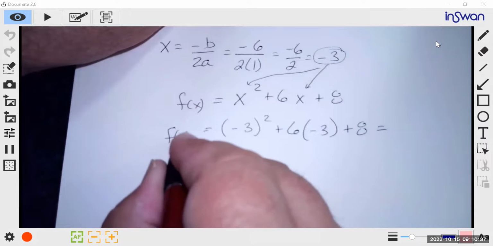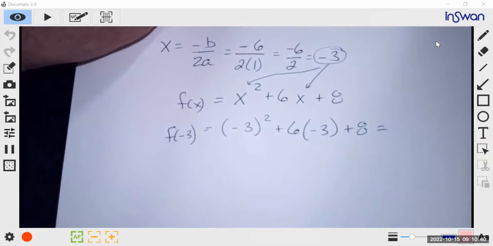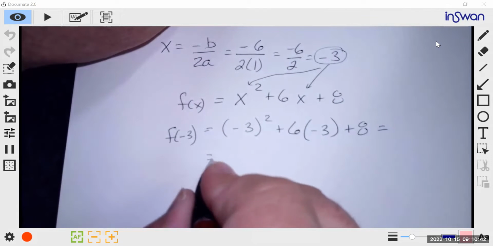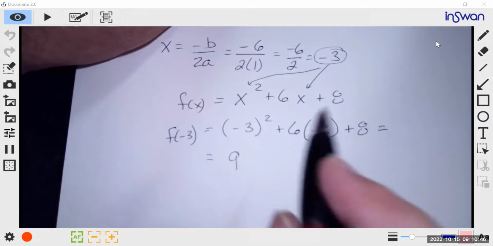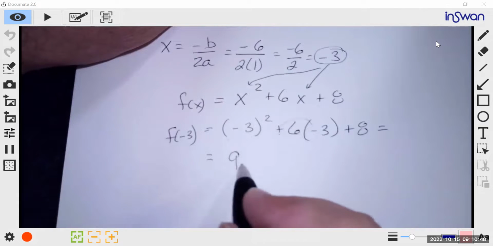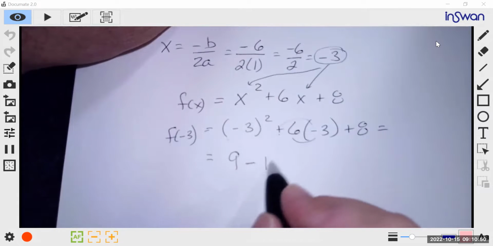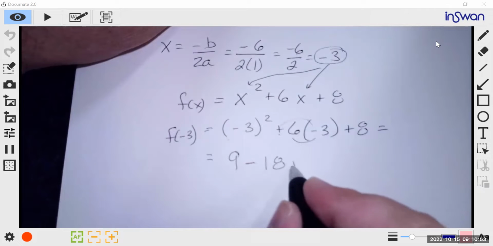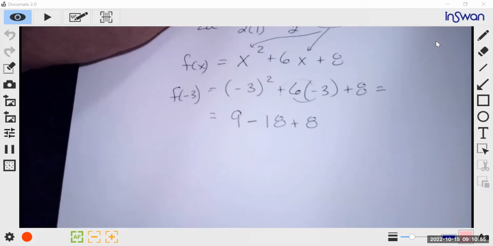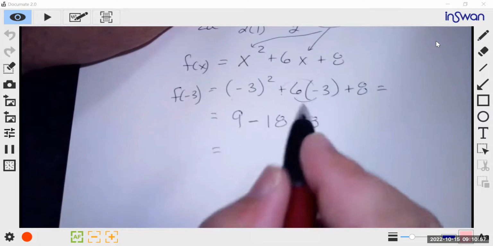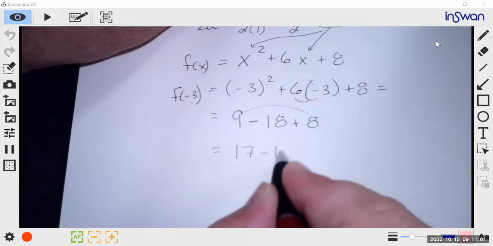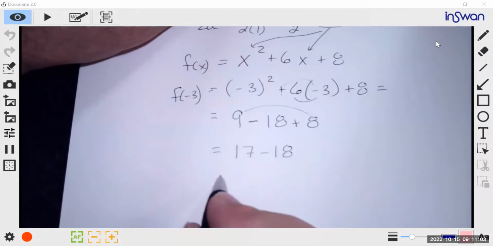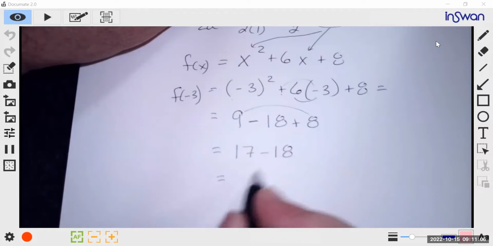So when x is negative 3, negative 3 squared is 9. Positive times negative is negative. 6 times 3 is 18. Plus 8. 9 plus 8 is 17. 17 minus 18, 18 is bigger, it's negative. 18 minus 17 is 1.